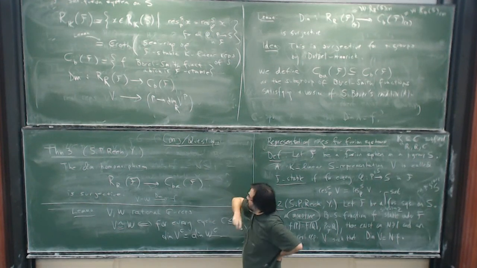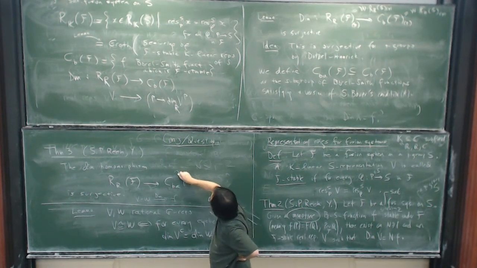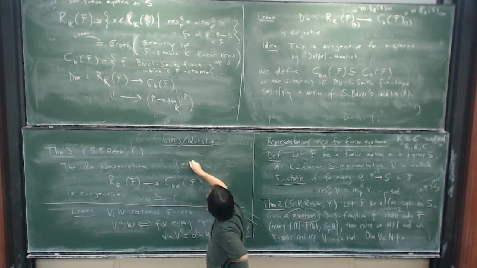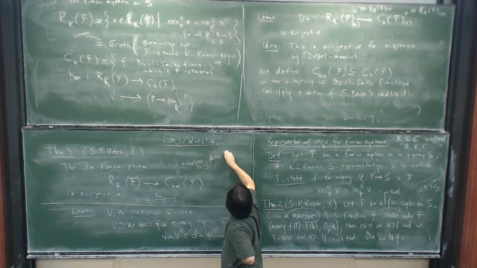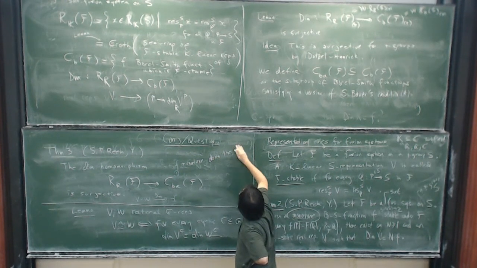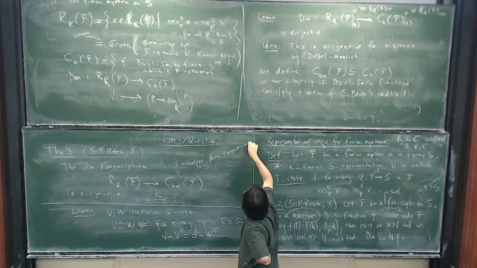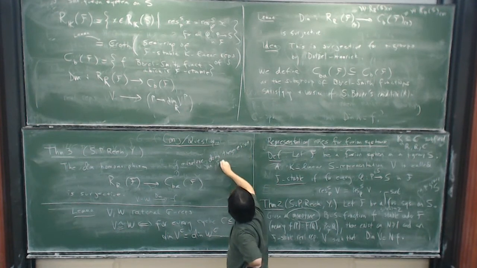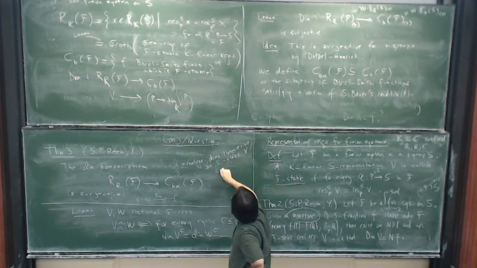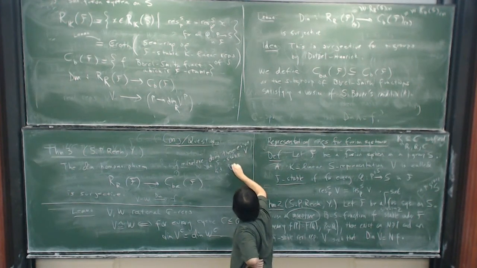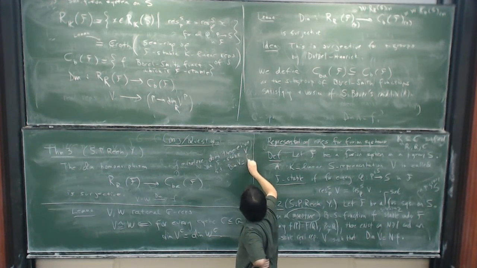So given a monotone F, does there exist an F-stable representation such that its dimension function is equal to F?